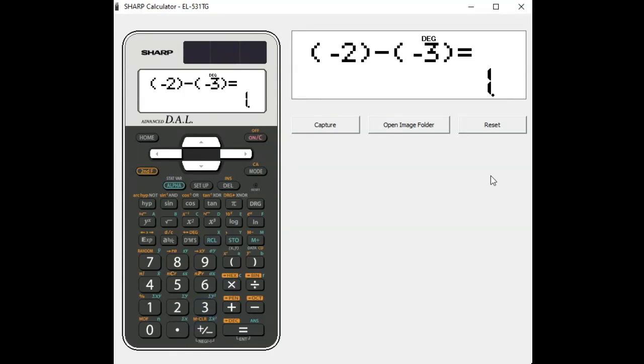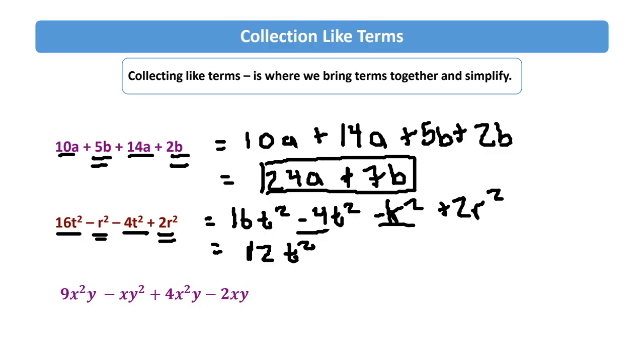Anyways, that was just a sidebar. So we got a plus 1r squared. If you write that 1 there, that's fine, but we could have just put 12t squared plus r squared if we wanted. But there's nothing wrong with the 1 in front.